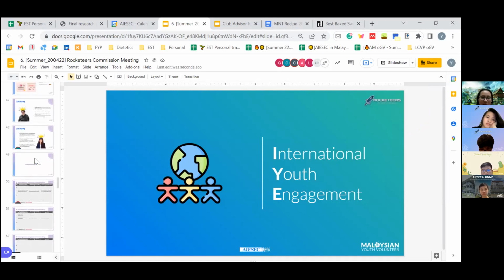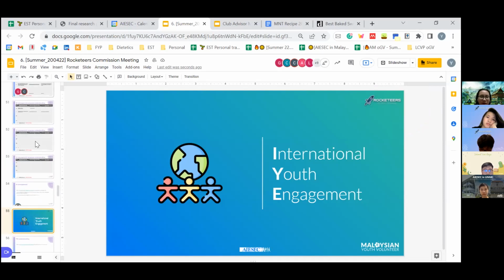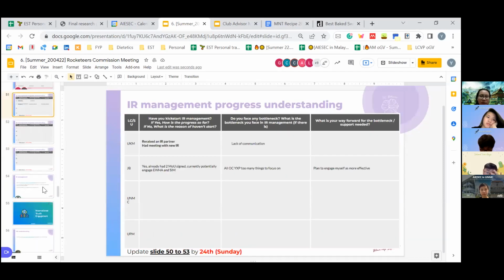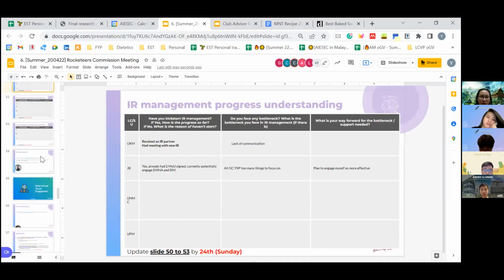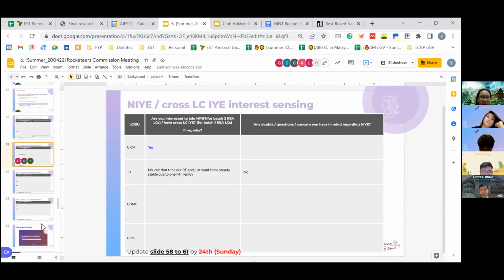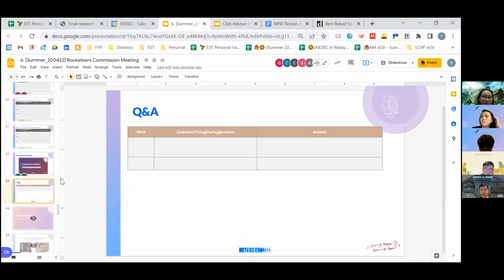So I believe as CVP, you guys are mature enough to go through the resources yourself. So read through the booklet yourself first. And if you really cannot understand or you have any questions, then you ask. The resources are already prepared.